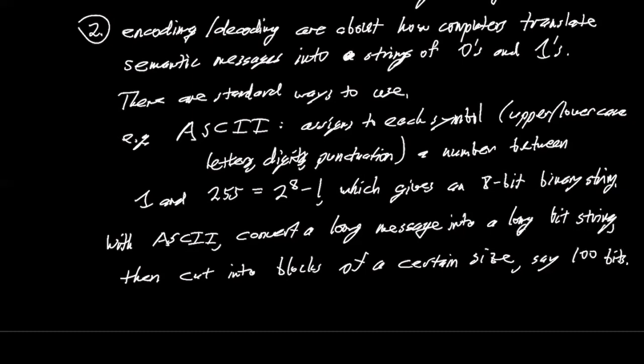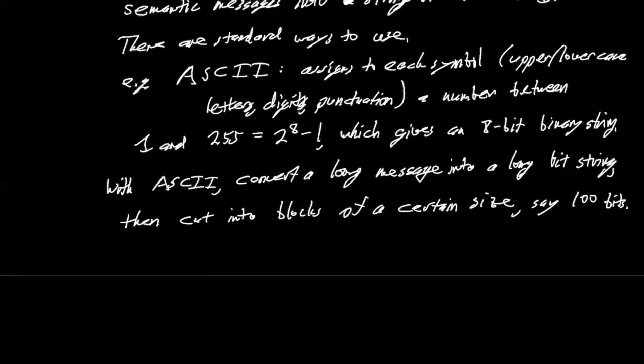Even though 8 doesn't go into 100 evenly, it doesn't really matter. We could have blocks of 97 bits or 153 bits or whatever. You can cut it however you want into these blocks, and then we encrypt block by block. And that's where the math comes in.